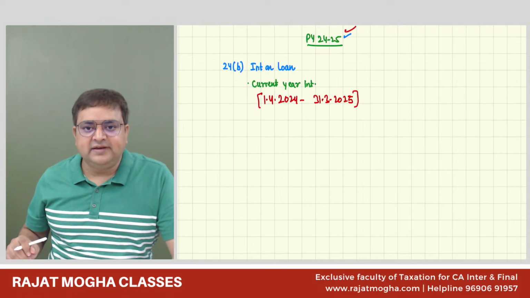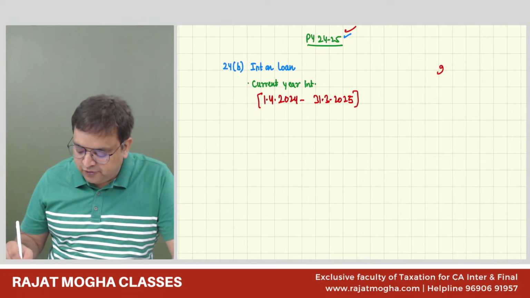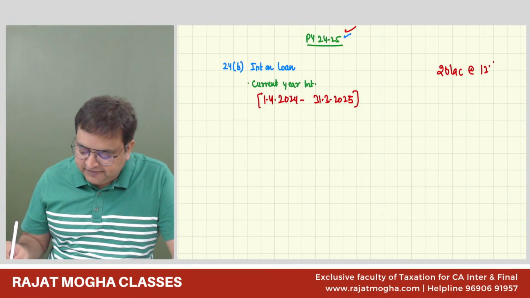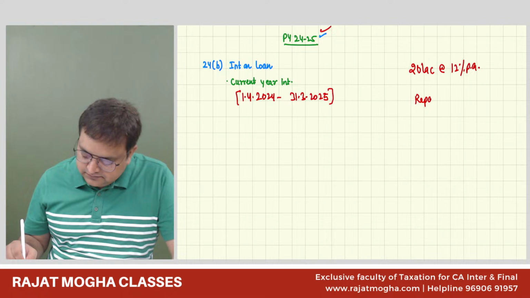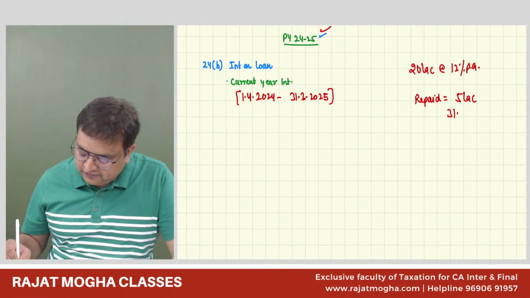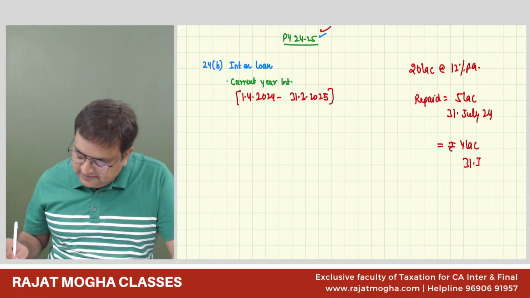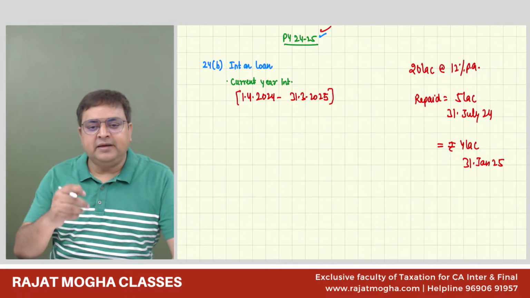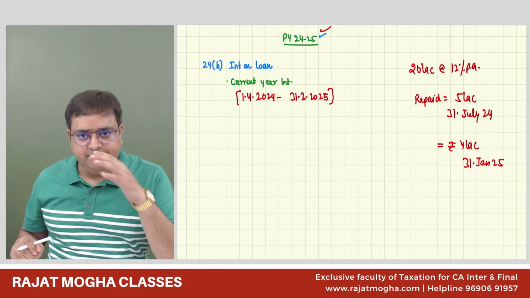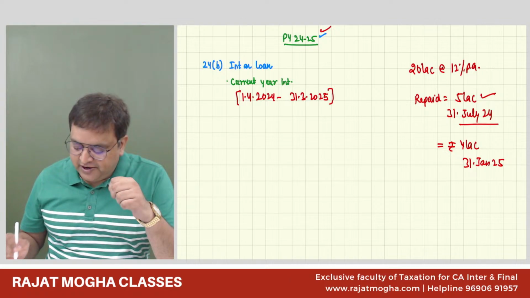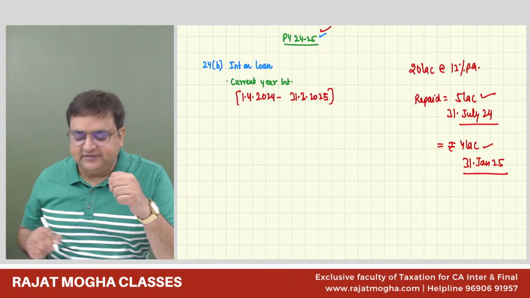Sometimes your question can say like this, that there is a loan of 20 lakh rupees, outstanding at a rate of 12% per annum, and we have repaid 5 lakh rupees on 31st of July 24, and again repaid 4 lakh rupees on 31st January 25.